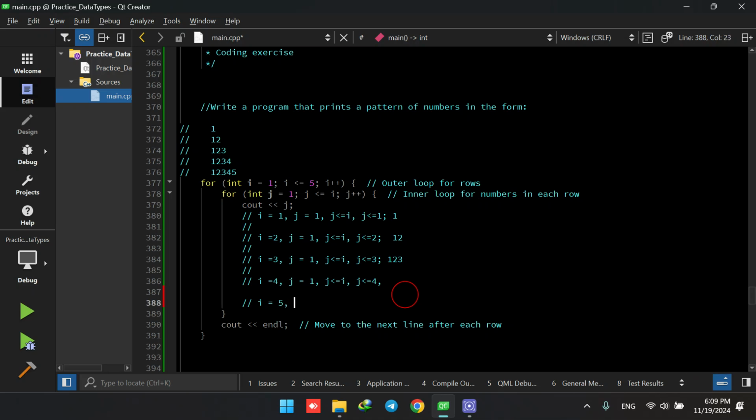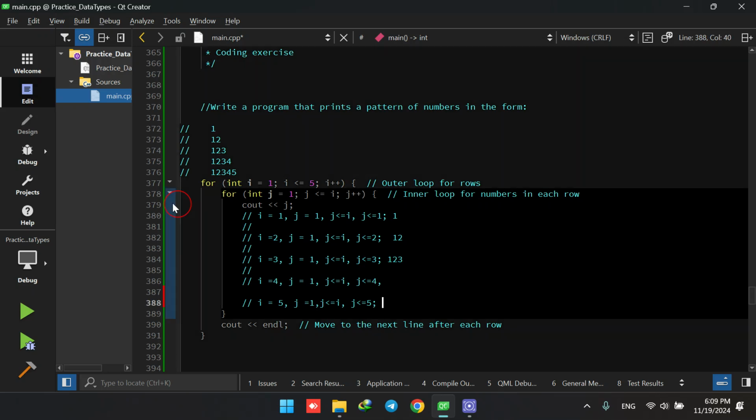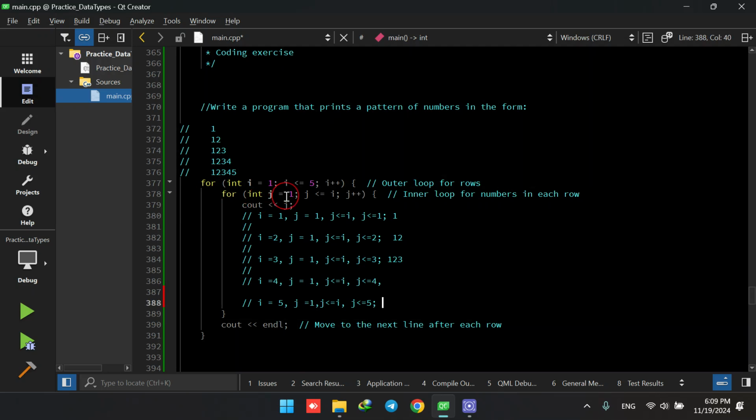i equals 5, while j equals 1. And it starts from j equals 1 again. So j has to be lower than or equal to i, which means j has to be lower than or equal to 5. So it enters with j equals 1.